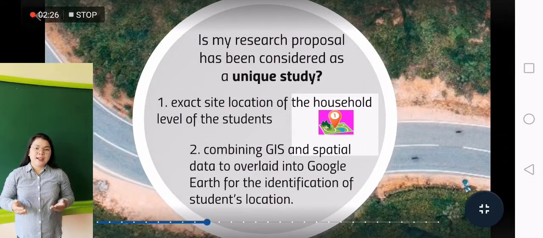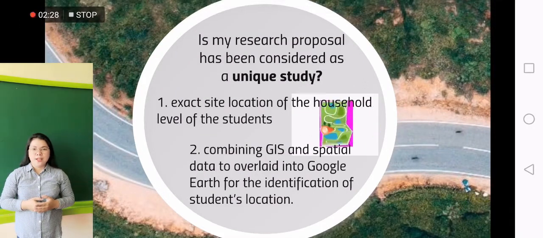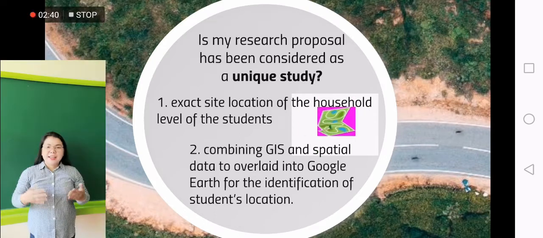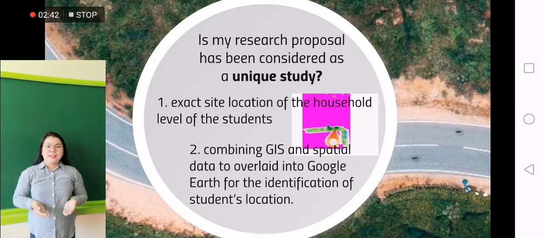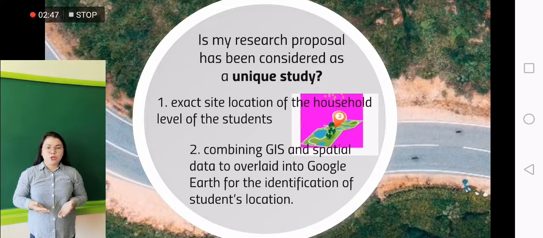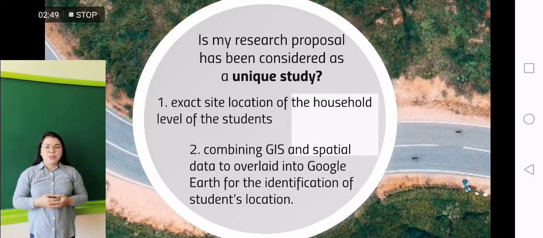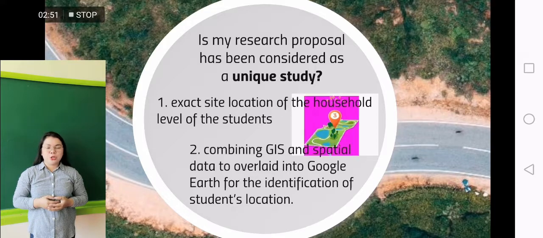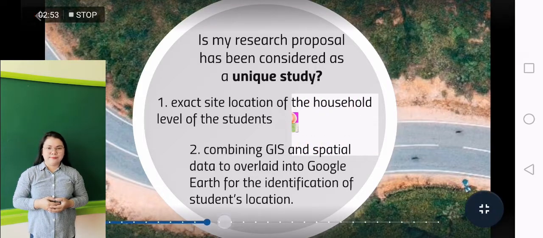Since I have read and summarized that their research came up with scope and limitations limited only to specific areas, implementations, and capabilities of the technology used for mapping. The analysis of the gap is that they don't mention the exact site location of the household level of the students for the identification of students' location.